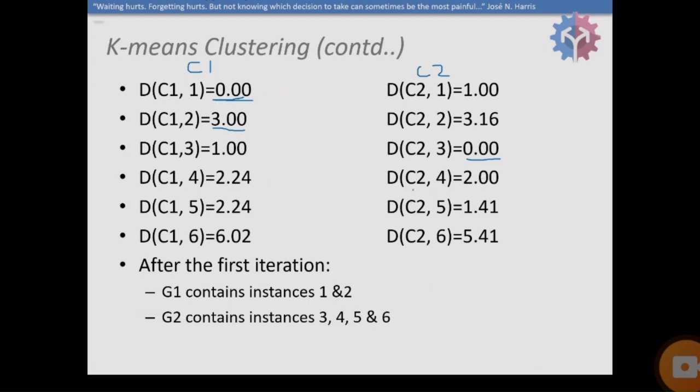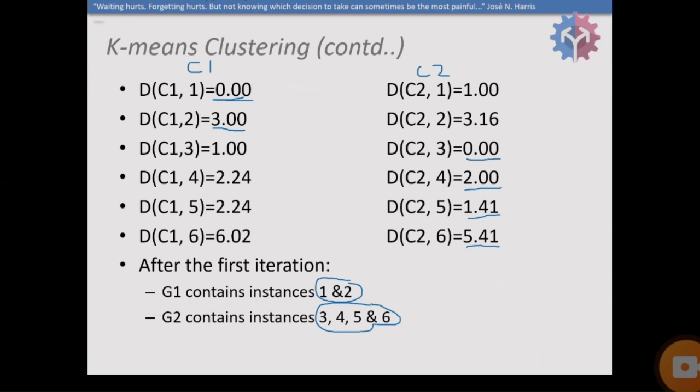C2. Do you agree with Saeed? The rest? Okay. What about point 5? C2. What about point 6? C2. It means that our first cluster has only points 1 and 2, and the second cluster currently has points 3, 4, 5, and 6.